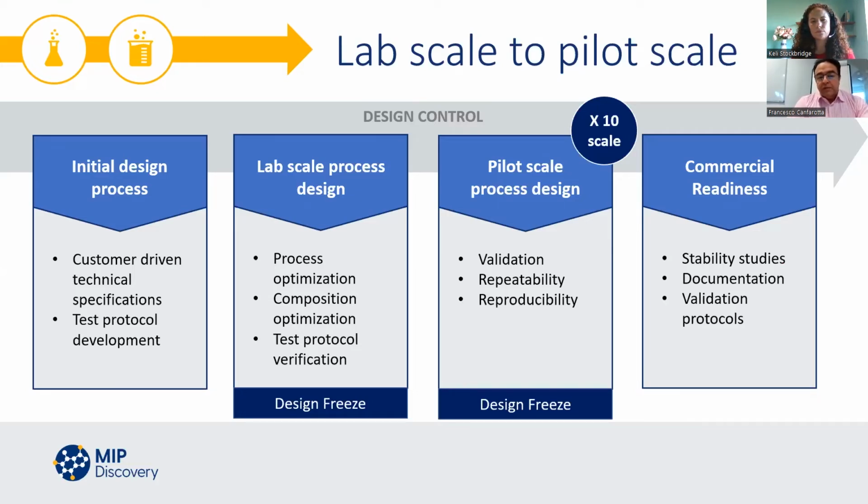This then leads to the pilot scale process, which basically means that whatever we have achieved in the lab scale process is then replicated and scaled up at least 5 to 10 times in the pilot scale. We repeat this cycle of reproducibility and repeatability to validate what we have actually done in the lab scale. And that has been amazingly successful.